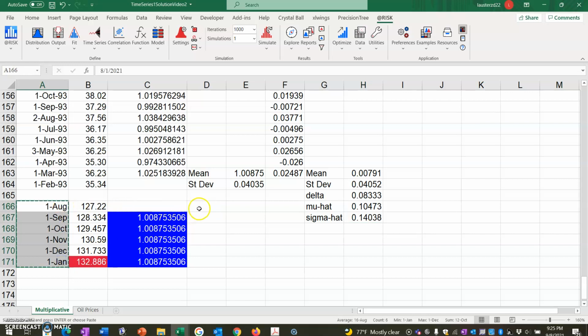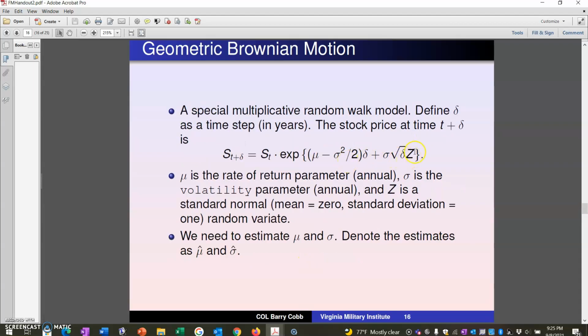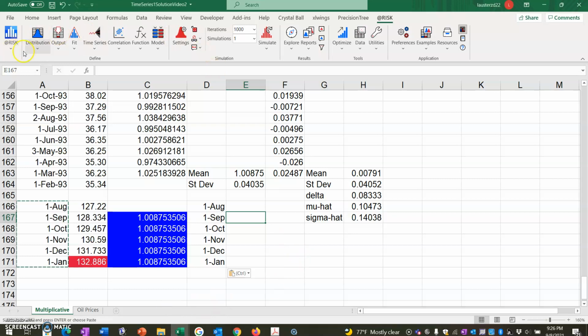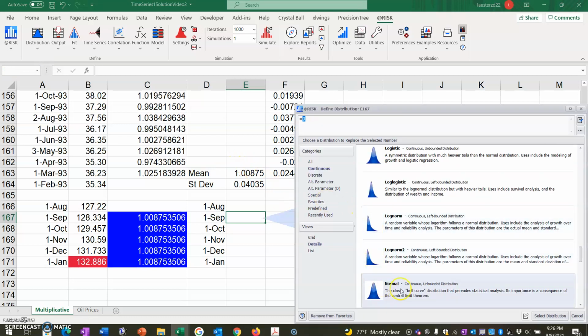So we'll estimate the price for these same days. Now, the random variable that's required in geometric Brownian motion is denoted by this z in the formula, and it is a standard normal random variable. So we'll enter a distribution that is a normal random variable with mean 0 and standard deviation 1.